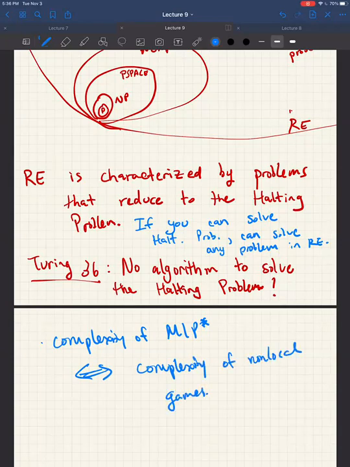In the sense that if there was an algorithm to compute the optimal winning probability of non-local games, then you would have some reasonable upper bound on the complexity of MIP*, and vice versa.